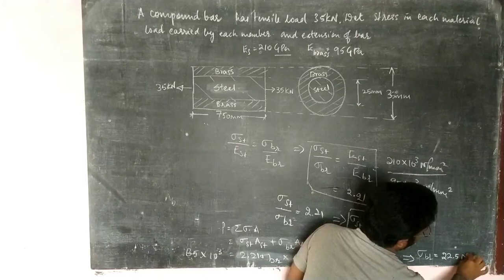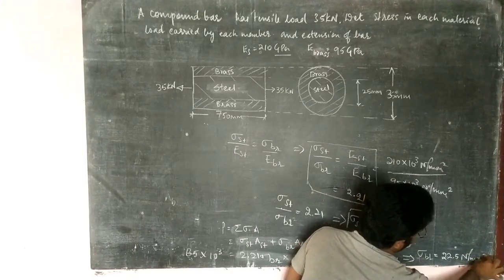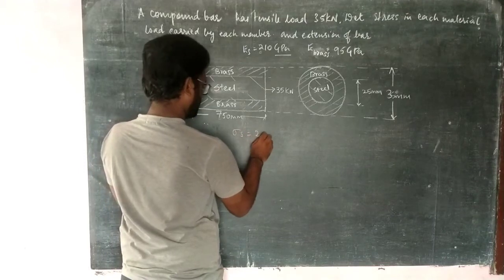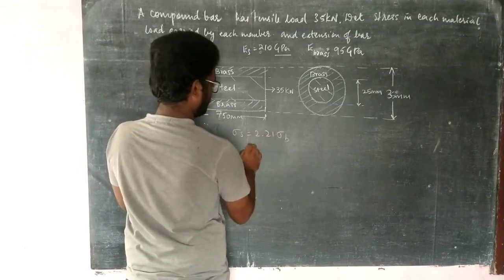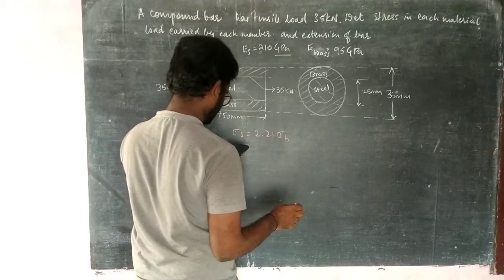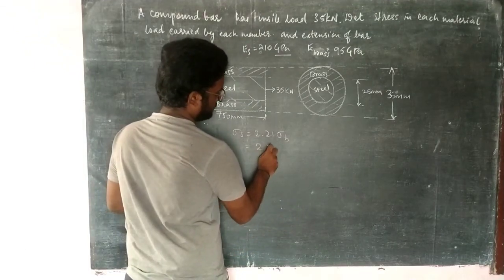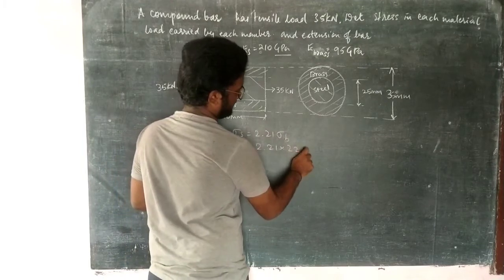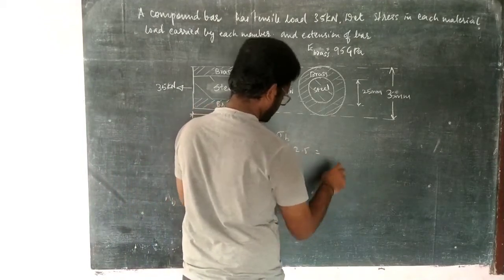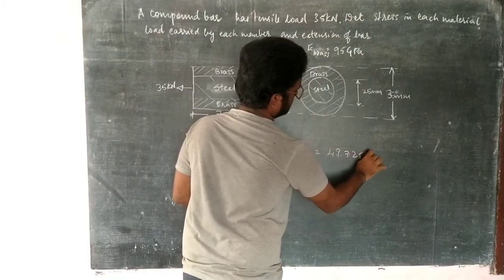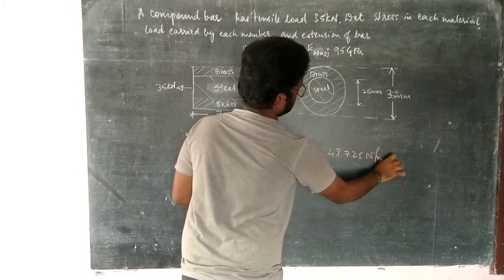This gives sigma brass as 22.5 Newton per mm square. Sigma S is equal to 2.21 sigma B, and we already got sigma B as 22.5. So 2.21 into 22.5 happens to be 49.725 Newton per mm square.